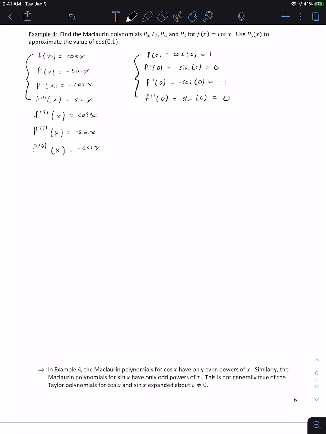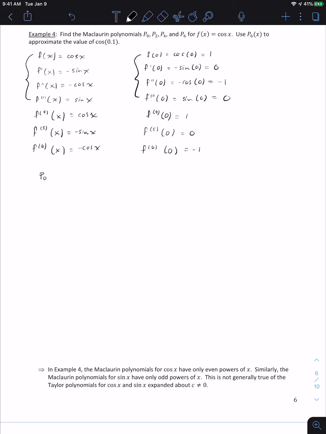And again, this will repeat, right? So I should know without actually doing any work, just because of the periodicness of the derivatives, that the fourth derivative is going to be 1. The fifth derivative is going to be 0, and the sixth derivative is going to be negative 1, right? Because it's going to keep repeating like that. Sine and cosine always have that, because if I do 4 derivatives, I'm back to where I started.